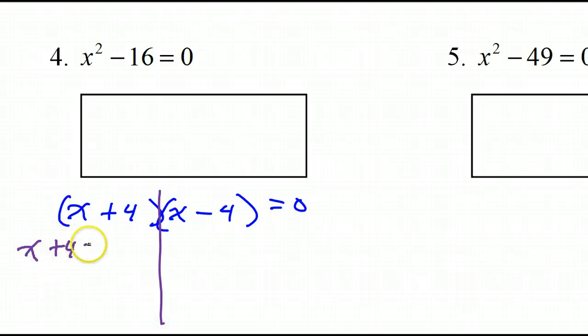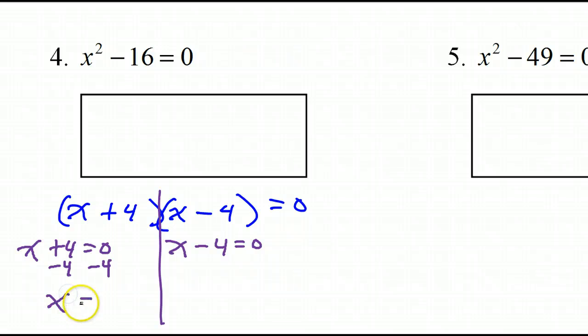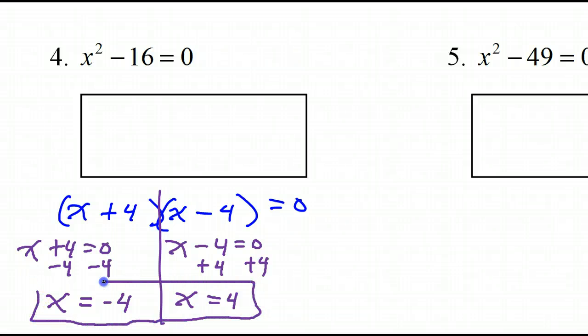So x plus 4 equals 0, x minus 4 equals 0. So that'll give me x equals -4, and this will give me x equals +4. So we have 4 and -4.